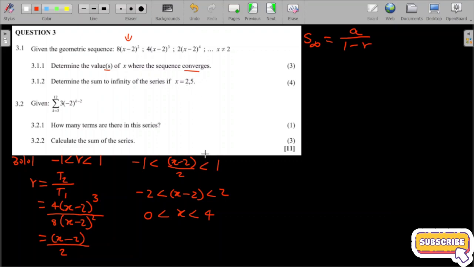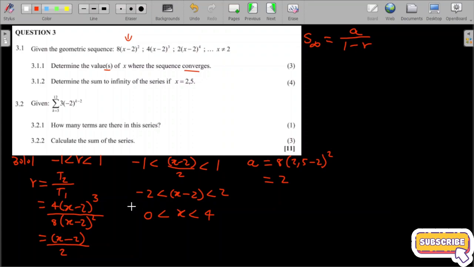My a is equal to 8 times (2,5 - 2) all squared. Punching in the calculator, my value of a is 2.